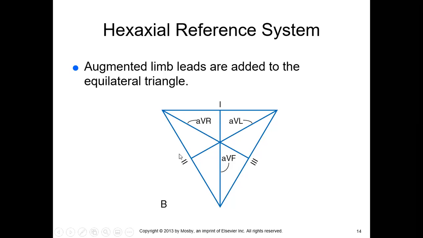The sum of the electrical activity recorded in lead 1 and 3 equals the sum of lead 2, right? Augmented limb leads are added to the triangle.